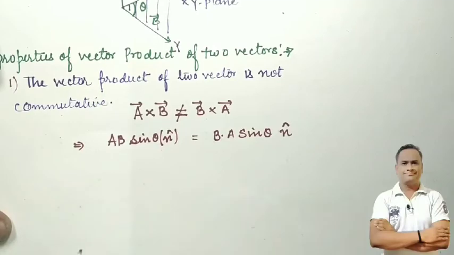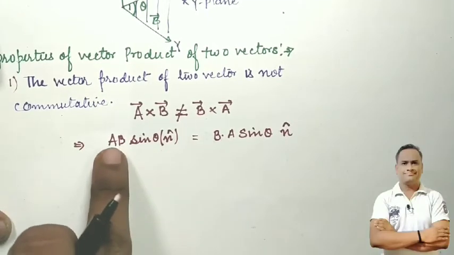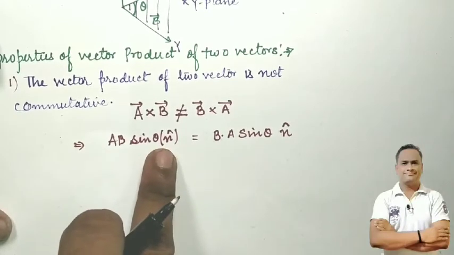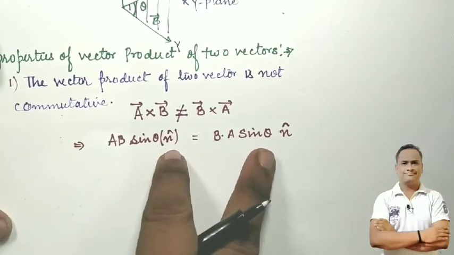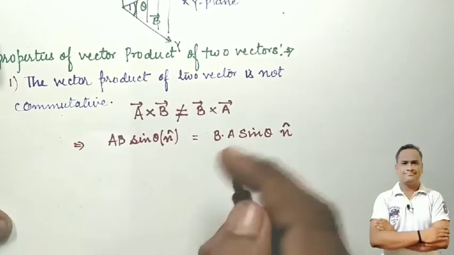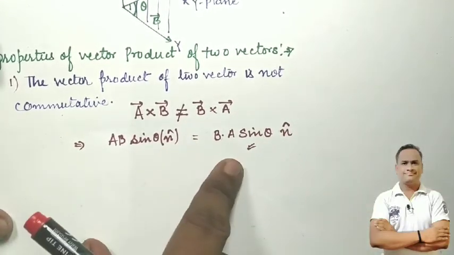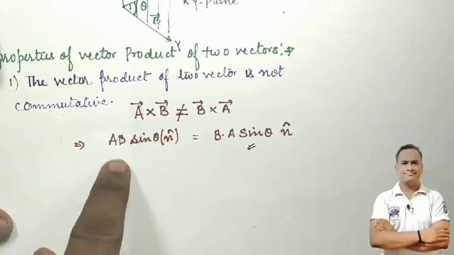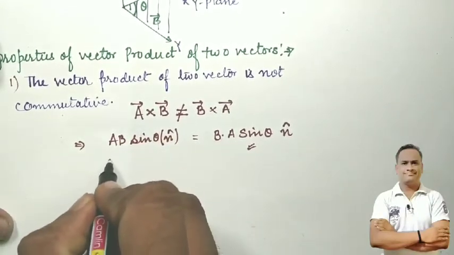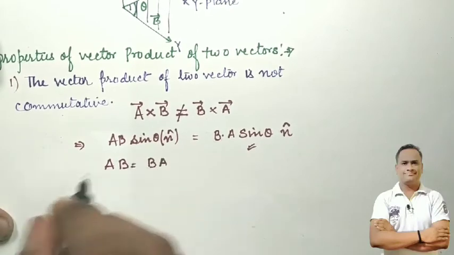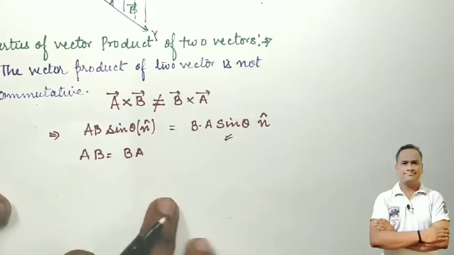Here A and B are scalar quantities, and n gives the direction, whereas here the direction is reversed. A B and B A are equal in magnitude, but it is not equal.